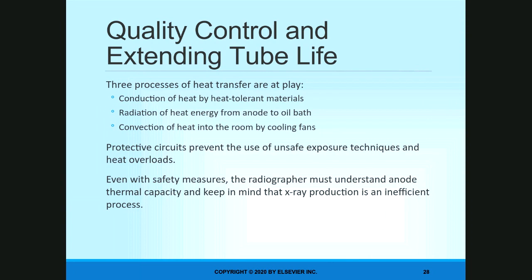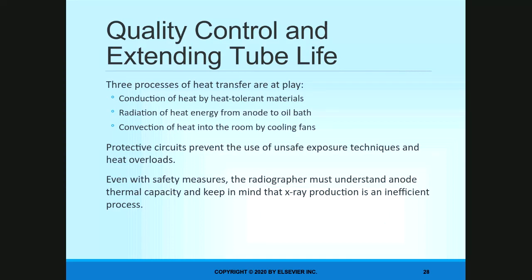You can radiate heat from the anode to the oil bath that's in the protective housing, which will help dissipate some of the heat. And then if it has cooling fans, that also would help to blow some of that heat out of the housing into the room and help get rid of some of that heat that gets created.